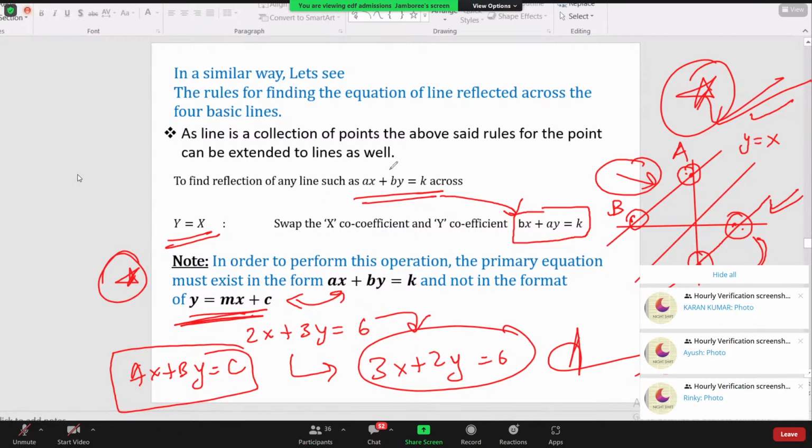So you need to have it in the form ax plus by is equal to k. Then you can simply exchange the coefficients of x and y to get the reflection of this line along the line y is equal to x. Am I clear about this idea? Great, then make a note of it and then we'll move on.